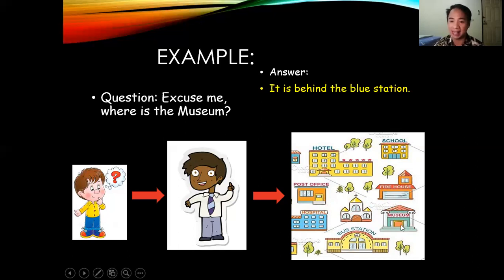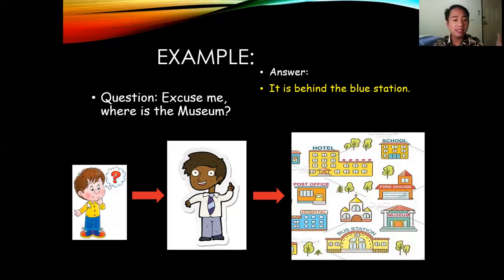As simple as that. Okay, so you should know the landmark so that you can give direction accurately to the person. So for example, this is the bus station here, right? Behind the bus station is the museum.